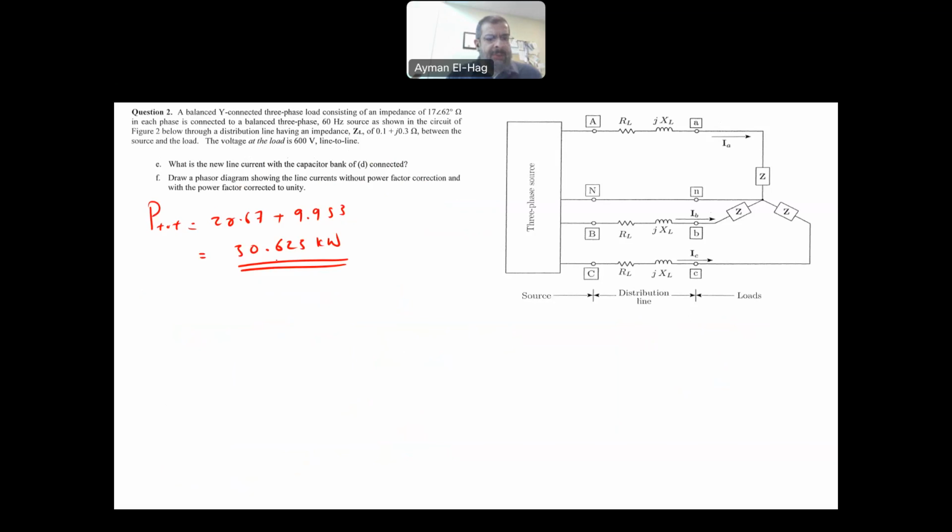From this P total, this is equal to root 3 V line I line cosine theta. But cosine theta is equal to 1 because now the new power factor is unity. V line is equal to 600.